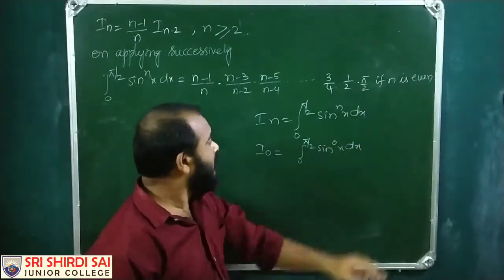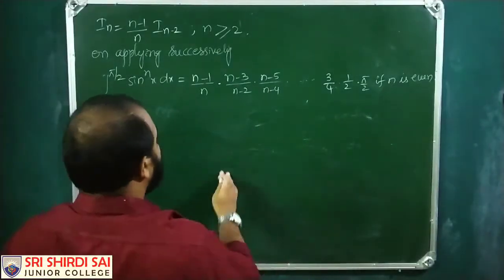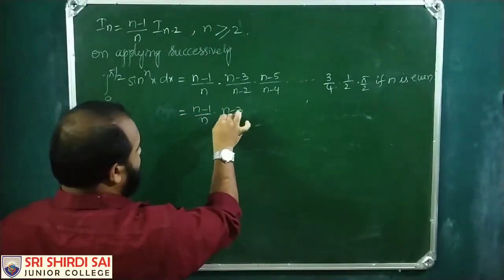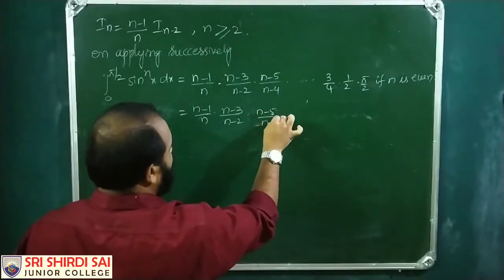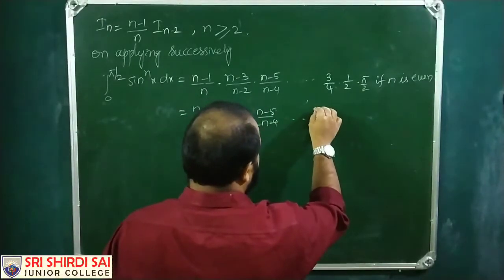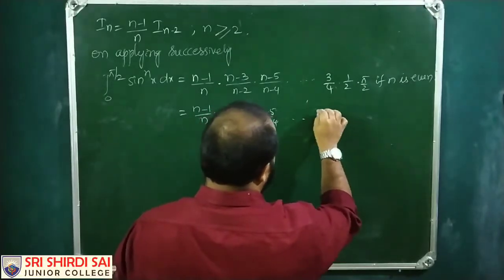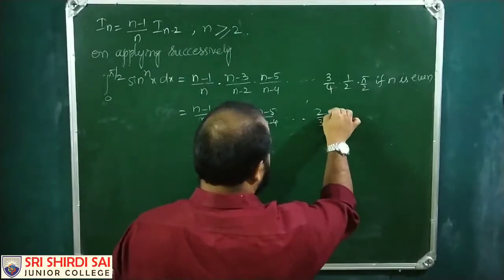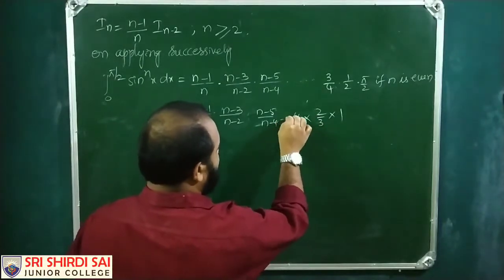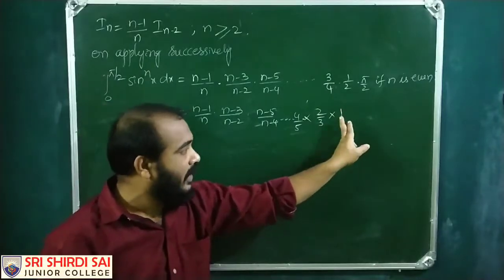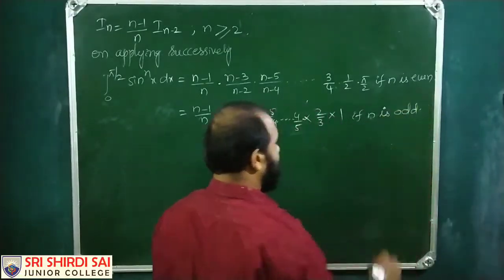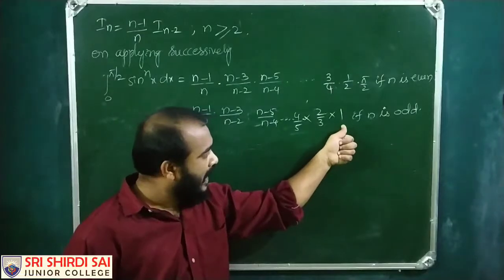So with this we will end up, and if n is odd, the same formula we are getting: (n minus 1) by n, (n minus 3) by (n minus 2), (n minus 5) by (n minus 4), etc. So 2 by 3 into 1, before that 4 by 5, etc. There are so many terms in this, but if n is odd, we end up with 1.